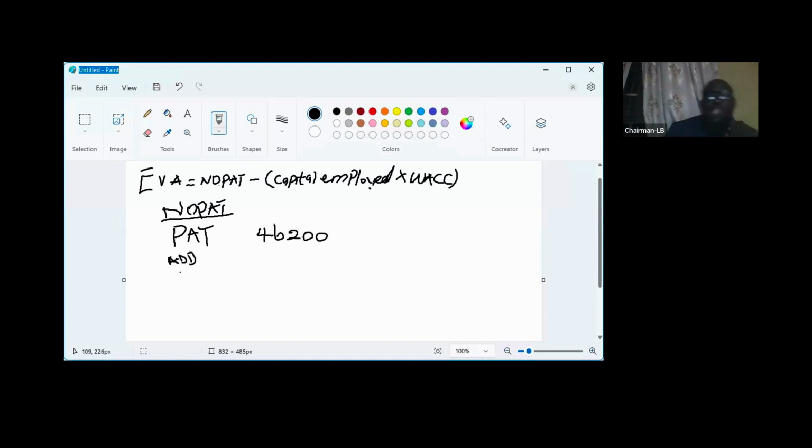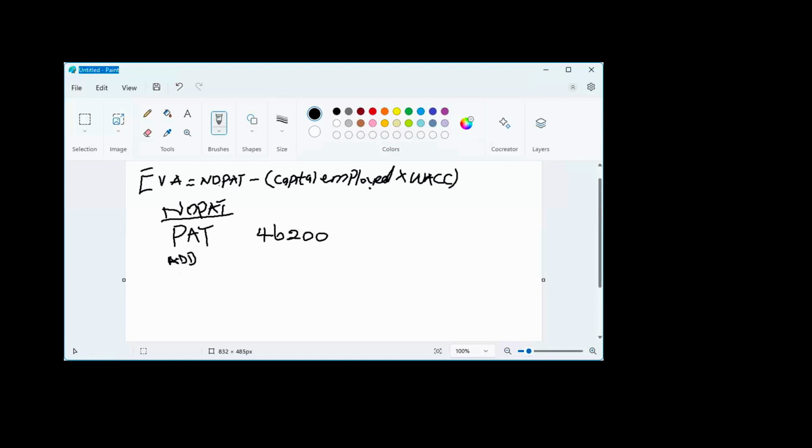Do we have depreciation in this question? Yes, we do. Calculated depreciation, which is equal to economic depreciation. Are you giving any value?